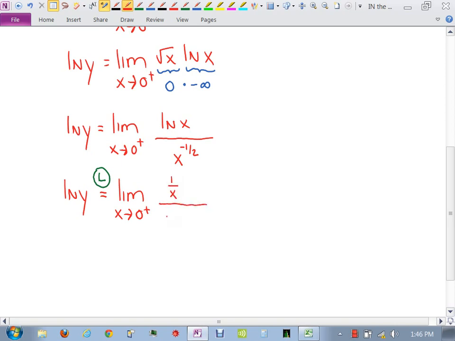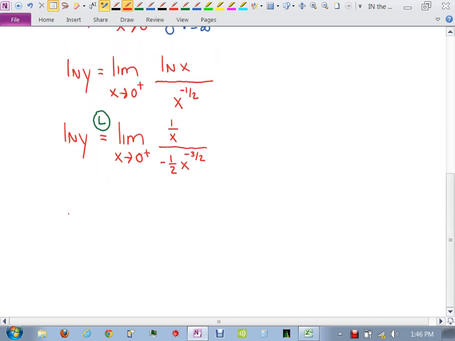Derivative of the bottom, negative 1/2 x to the negative 3/2. So natural log y equals limit x goes to 0 from the right, 1 over x. Check this out here. How about negative 1 over 2x to the 3/2?